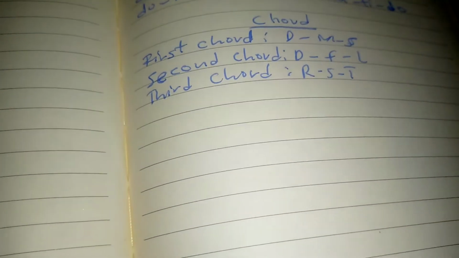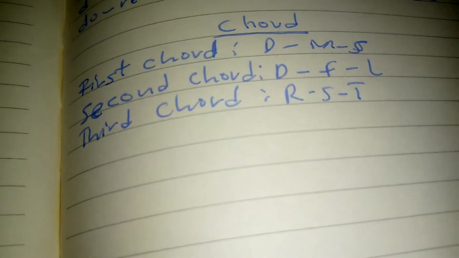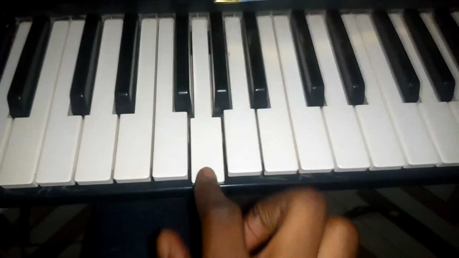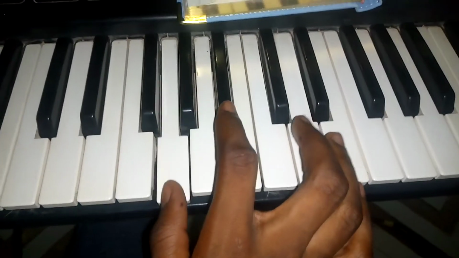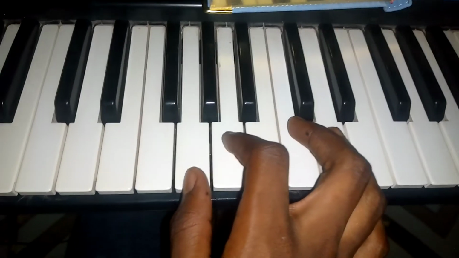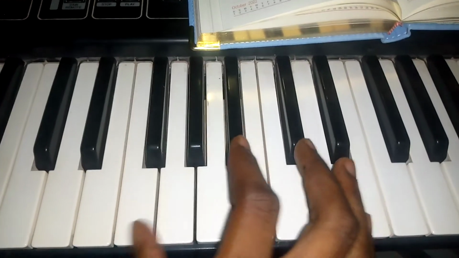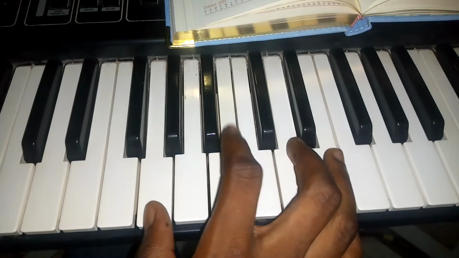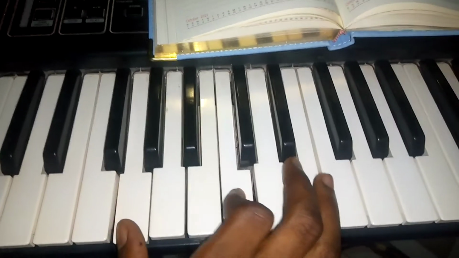Now let's go to the third chord. That is re, so, ti. Let's see if you can get it. Do, re. So this is re. We have already learned the solfege, so let's count it. Do, re, mi, fa, so.